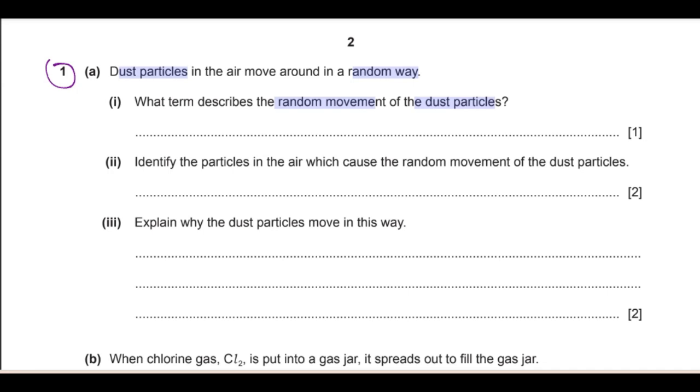If your answer is Brownian motion, then you are correct. Identify the particles in the air which cause the random movement of dust particles.